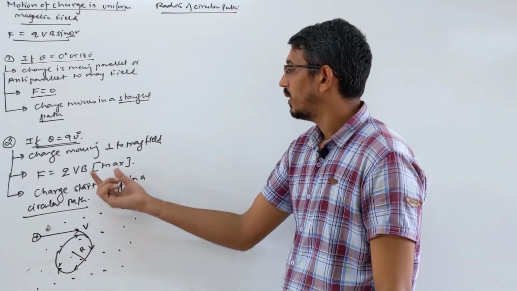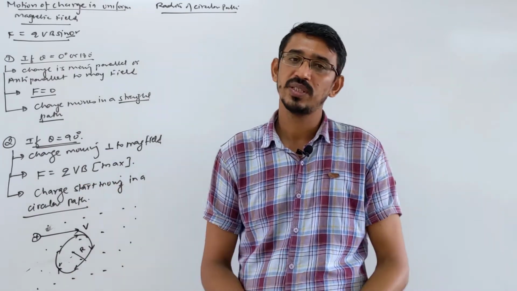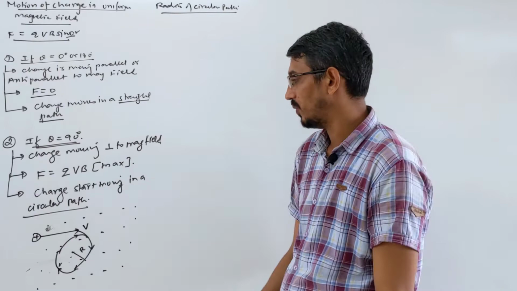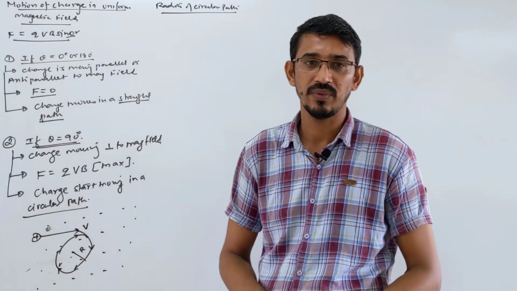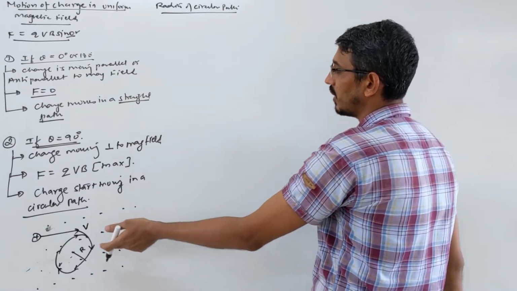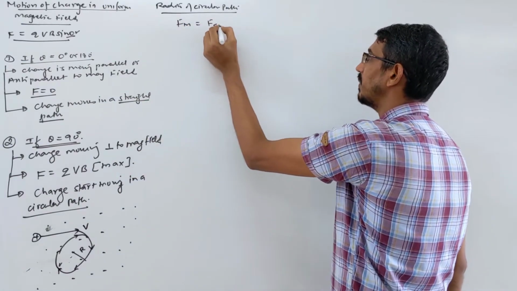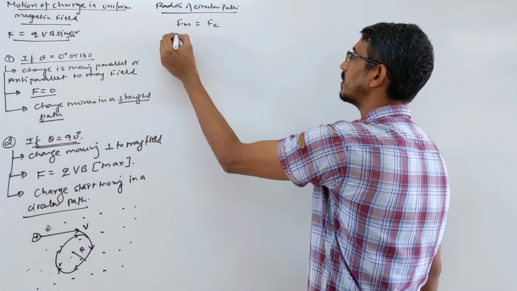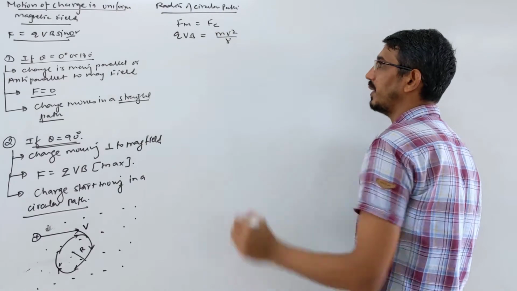One is the magnetic force, and since the charge started moving in a circle, you also get the centripetal force. These two forces are balancing each other: magnetic force equals centripetal force. Magnetic force is QVB, centripetal force is mv square by r.